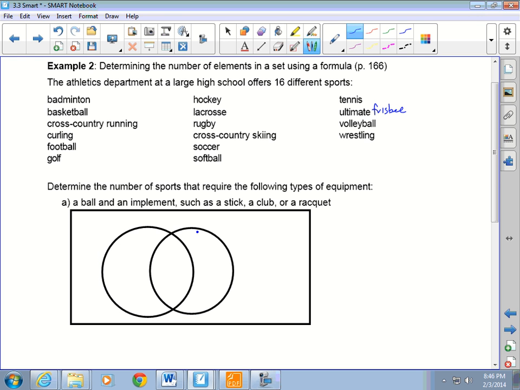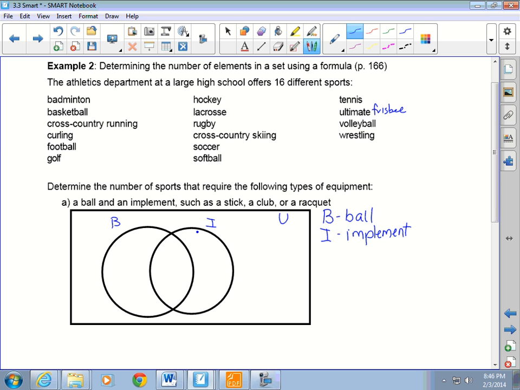Our universal set is going to be the set of everything. The ones that require a ball we'll denote with a B, and an I for the ones that need an implement. So we'll call this set B and this set I.